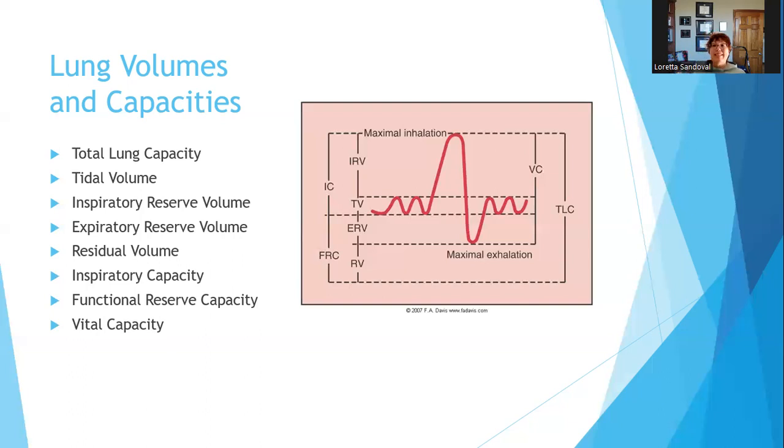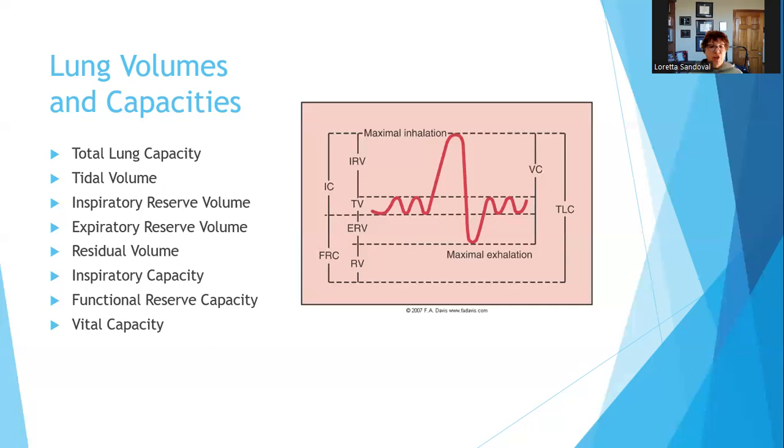And that is usually, on average, about 5 to 6 liters, or 5,000 to 6,000 milliliters. The total lung capacity is divided into 4 separate volumes of air: the tidal volume, and we'll talk about the definition of each one, the inspiratory reserve volume, the expiratory reserve volume, and the residual volume.